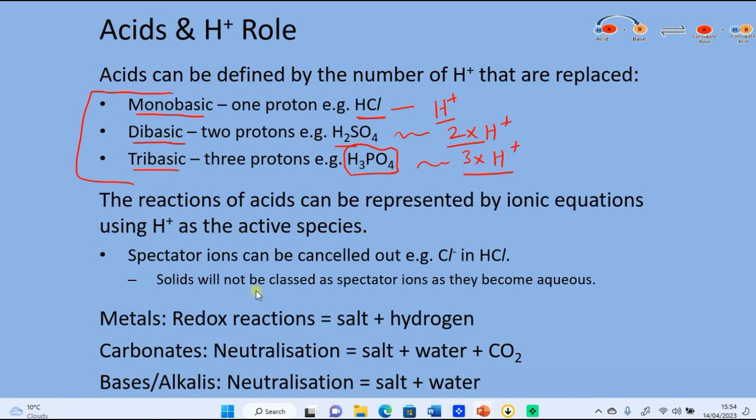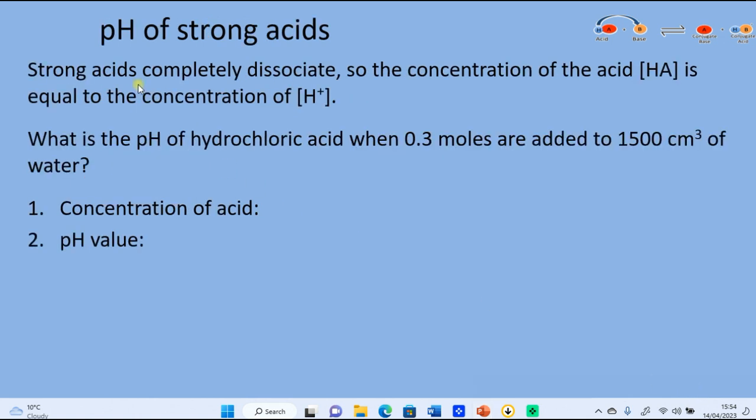We are not going to be looking at these reactions for the moment. We're really focused on the pH and the calculations of pH for strong acids and weak acids. For strong acids, calculating pH is really straightforward. All you need to look out for is, do we have the concentration of the acid?